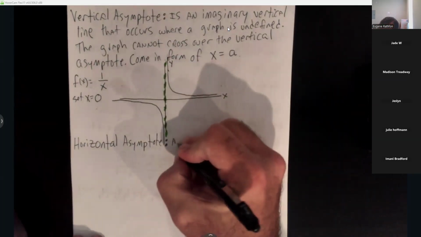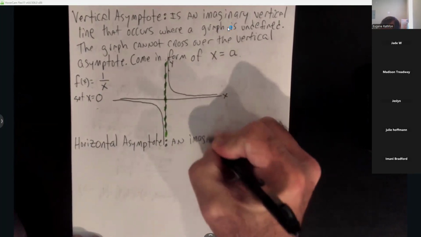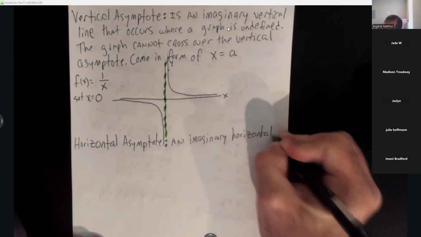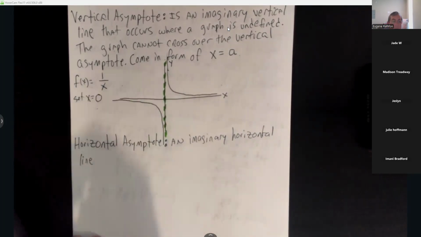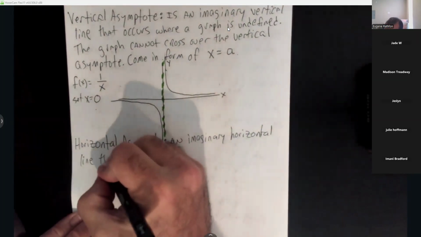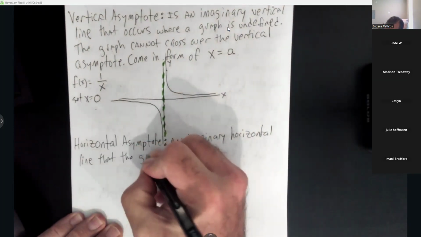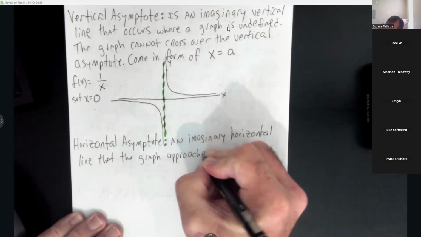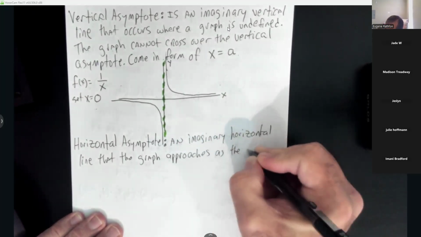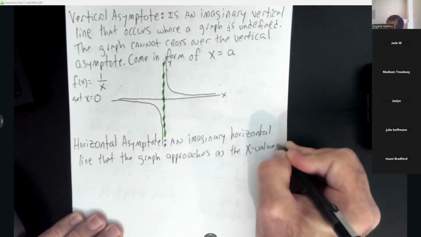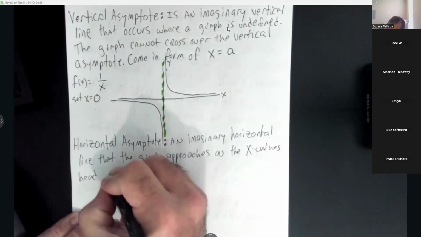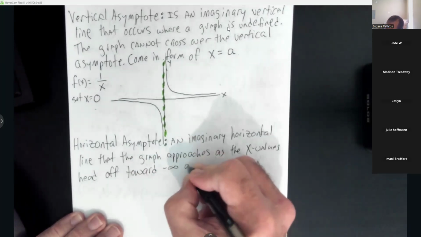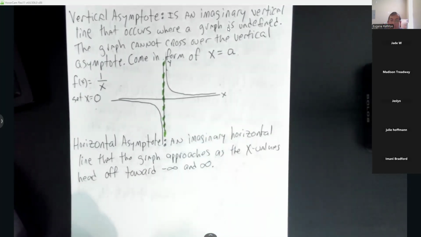So this is an imaginary horizontal line that the graph approaches as the x values head off toward negative infinity and positive infinity.